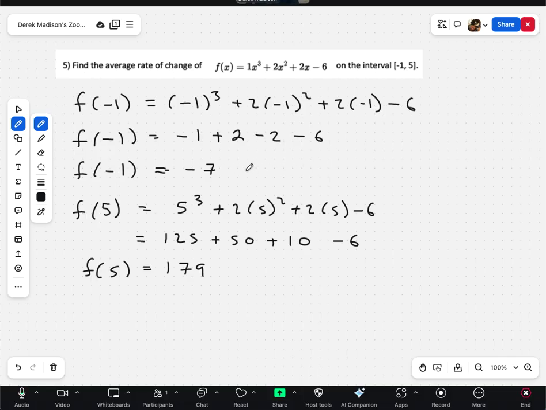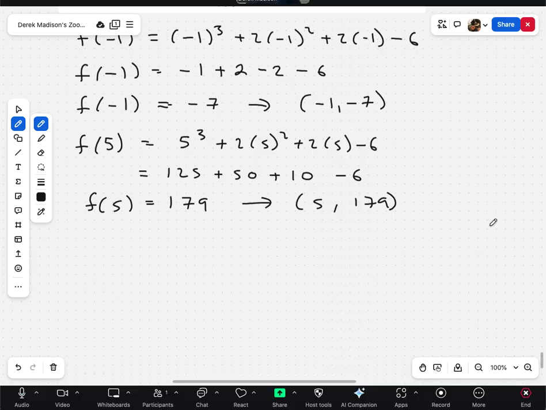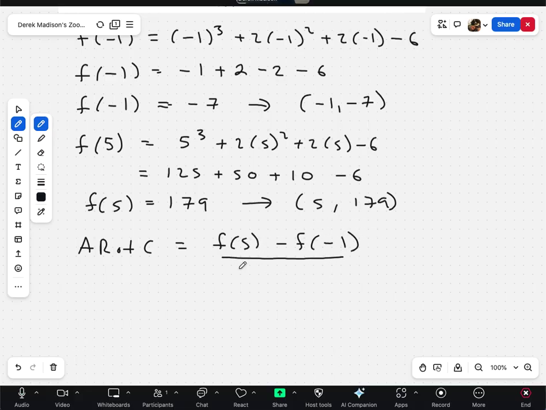So that means when x was negative 1, y was negative 7, and when x was 5, y was 179. So to find our average rate of change, in this case it would be f of 5 minus f of negative 1 over 5 minus negative 1.